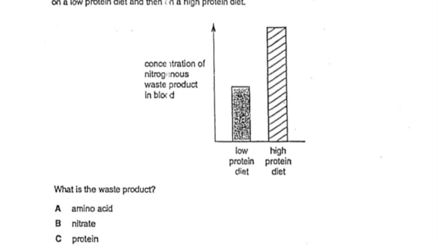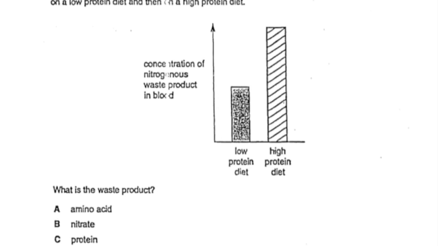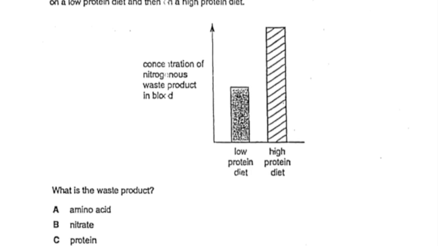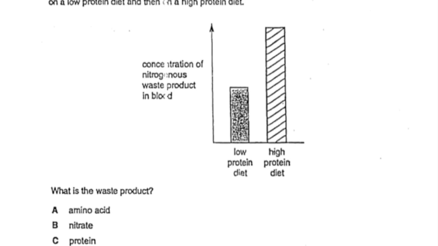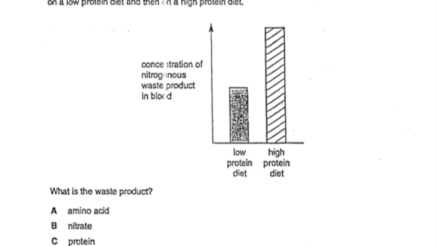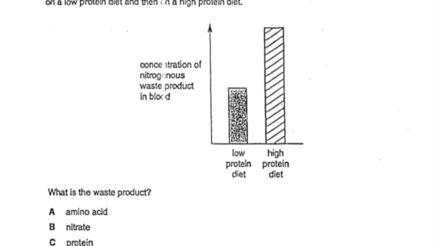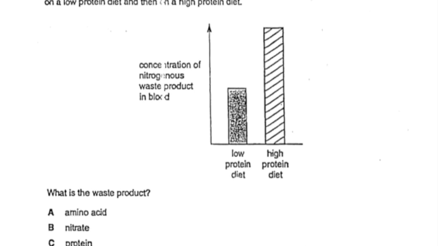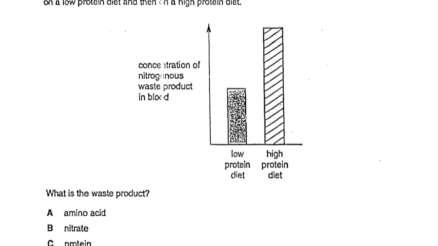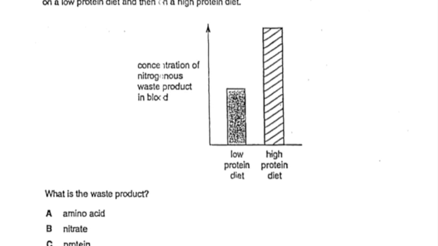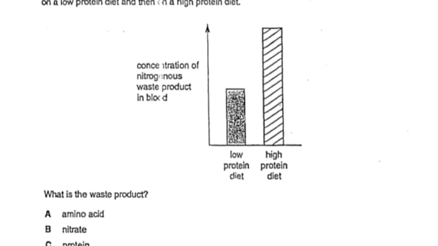16. The diagram shows the levels of nitrogenous waste products in the blood of a person living at first on a low protein diet and then on a high protein diet. What is the waste product? A. Amino acid. Definitely not, as amino acids are what protein breaks down into. B. Nitrate.